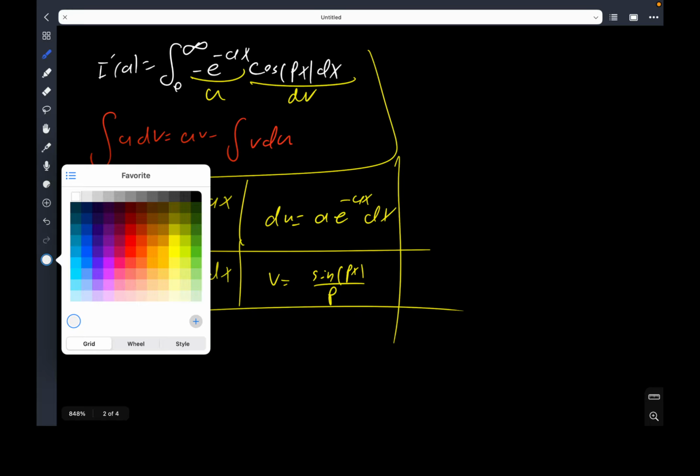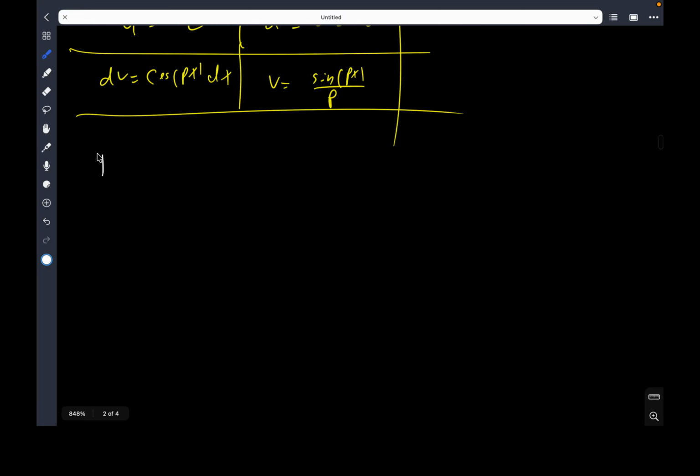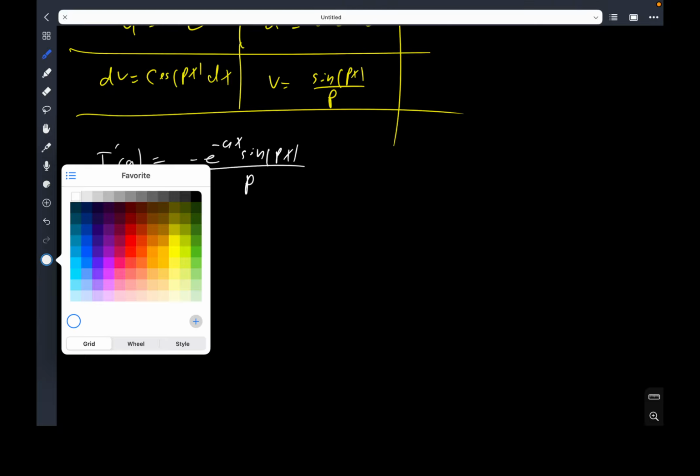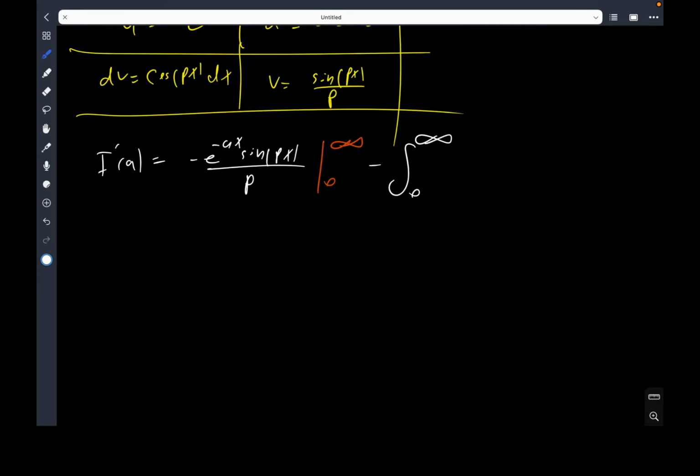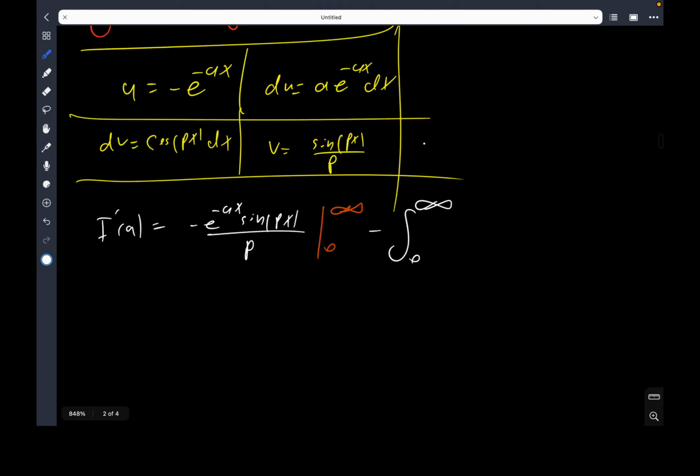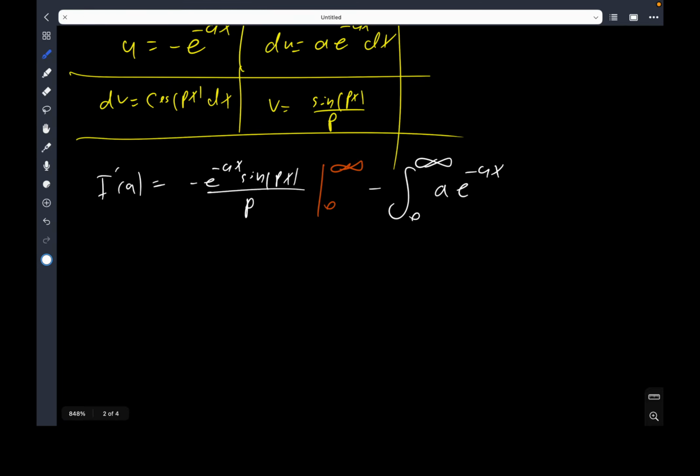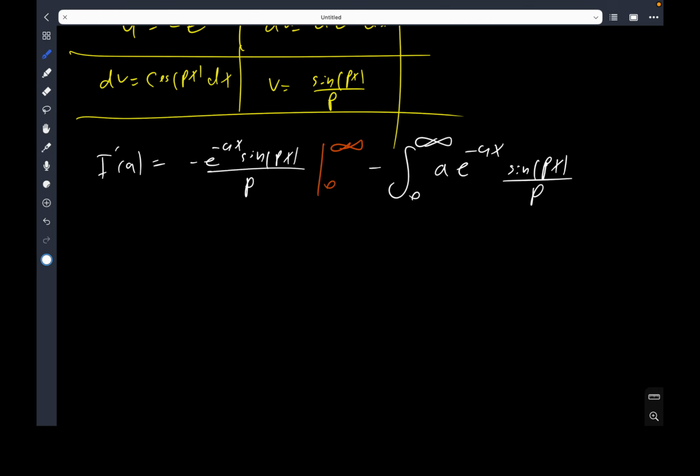Now I'm going to apply this to this integral here. So I prime of a is negative e to the negative ax sine px over p, the limit from 0 to infinity, minus the integral from 0 to infinity of a e to the negative ax sine of px over p dx.